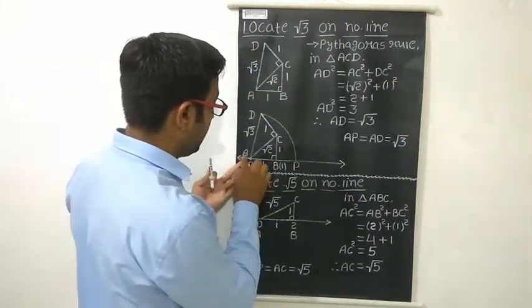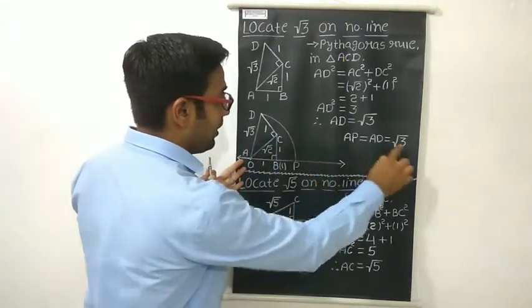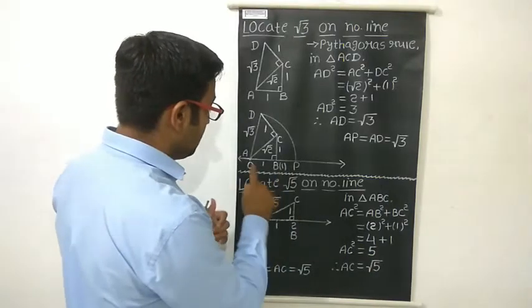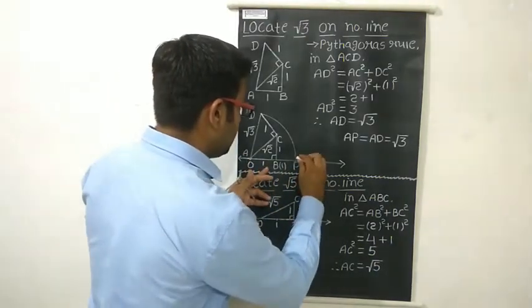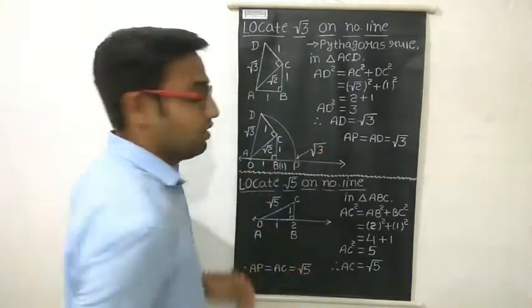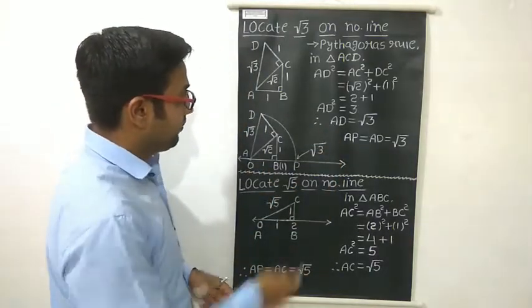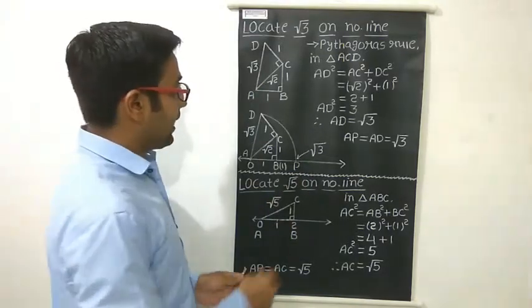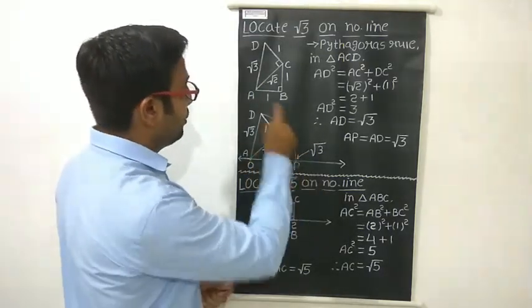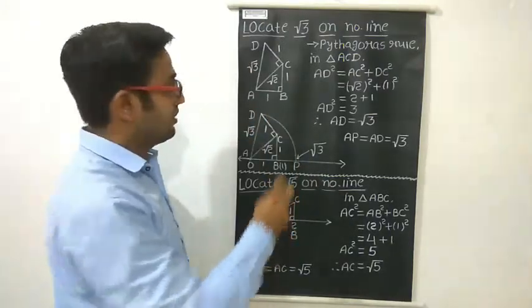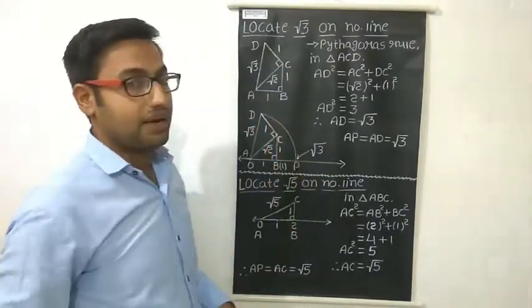AD and AP are equal, and that is root 3. So this distance from A to P is root 3. In this way we can represent root 3 on the number line. You can directly draw this diagram. You do not need to draw the other diagram, because to understand this I have drawn it separately.